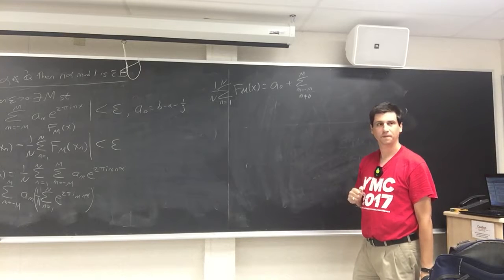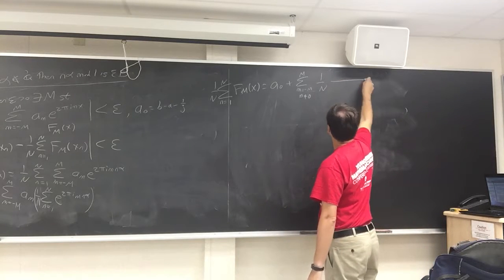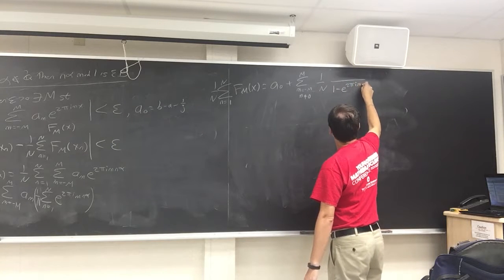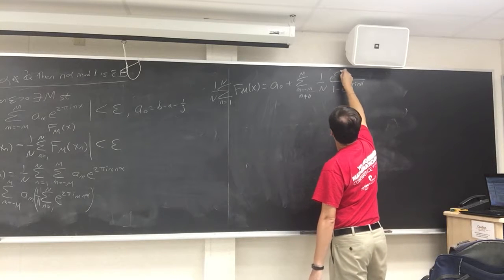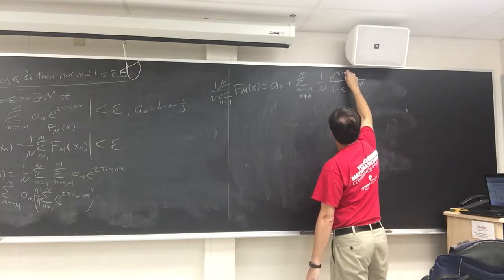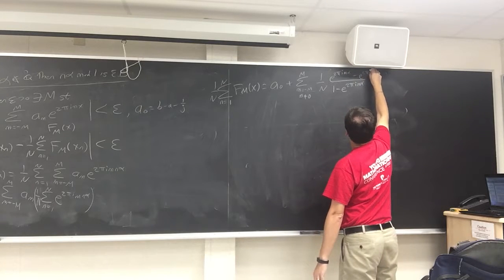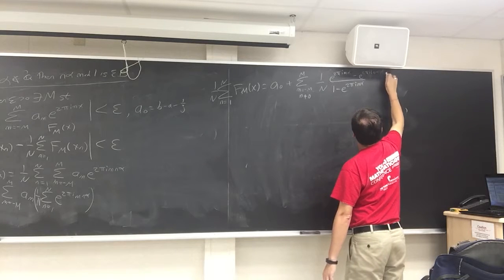And then for those terms, we got it was equal to 1 over N. We had a 1 minus e to the 2 pi i m alpha down below, and we had an e to the 2 pi i m alpha minus e to the 2 pi i (N plus 1) m alpha.